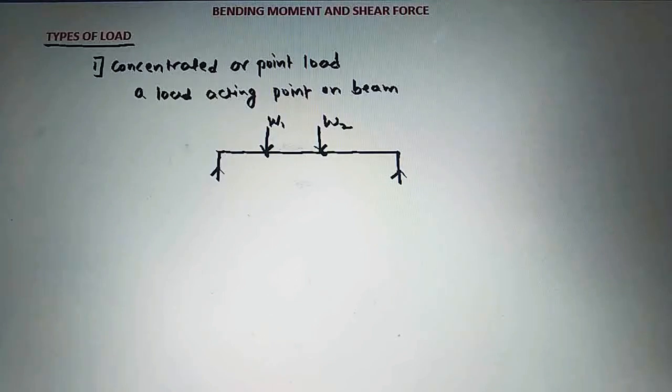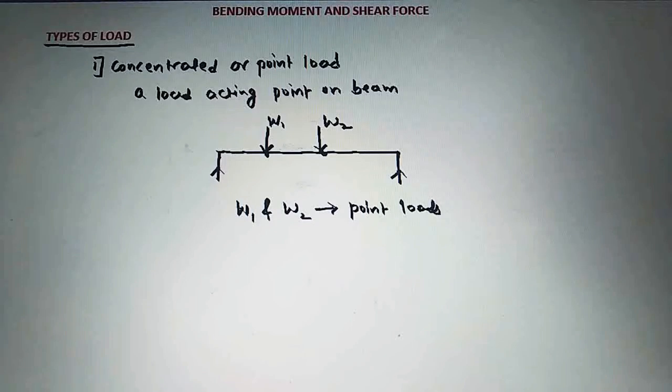So the loads W1 and W2 are the concentrated or point loads. That's why the loads W1 and W2 are the point loads. So this is all about the concentrated or point load.